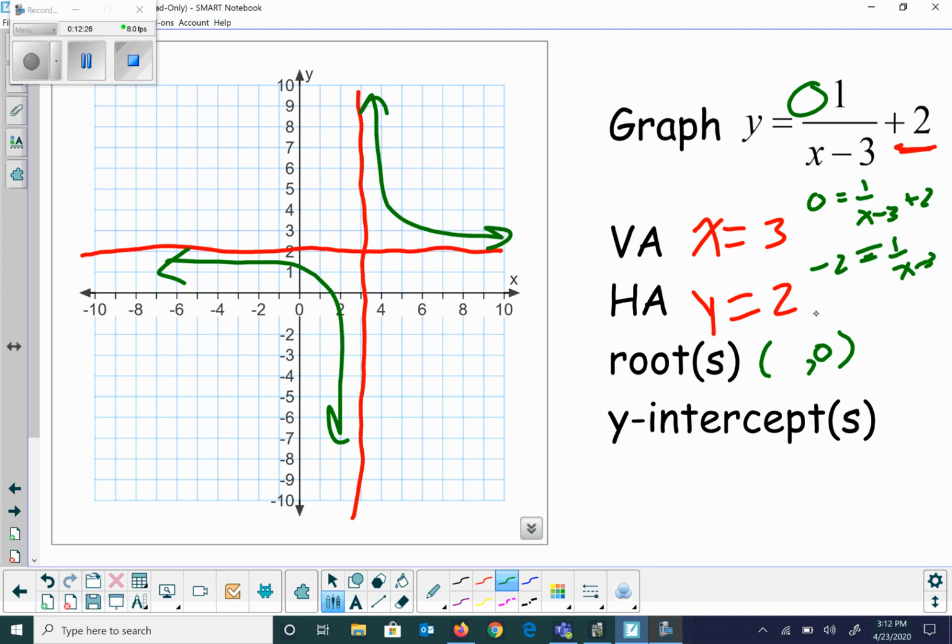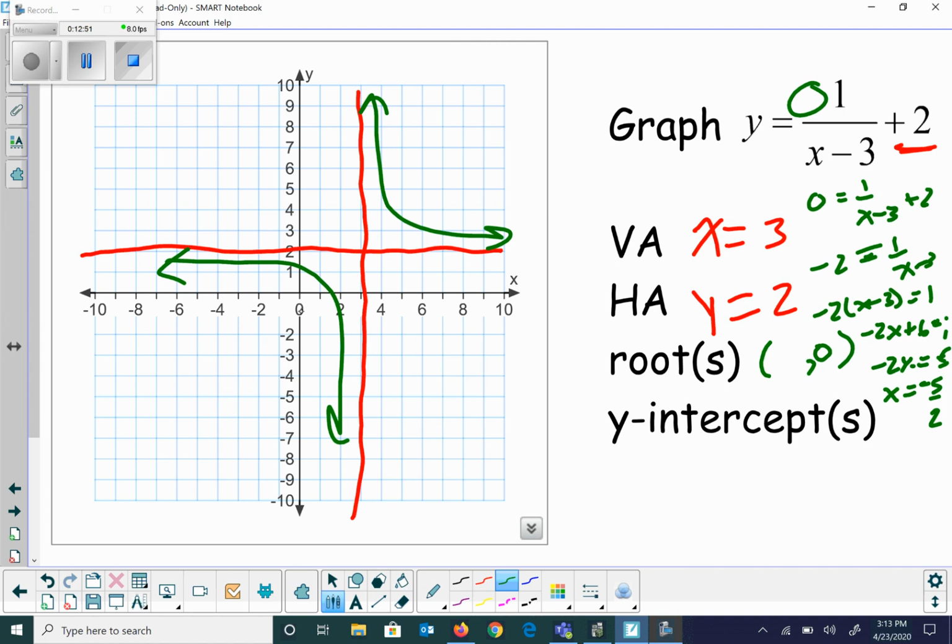I'm going to multiply the other side by the denominator, and then distribute. Subtract the 6. So x equals negative 5 over 2, which is about negative 2.5.